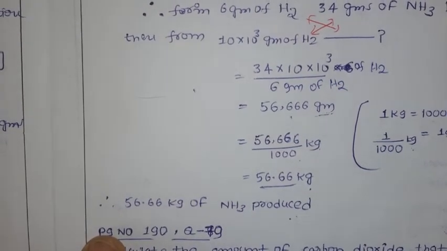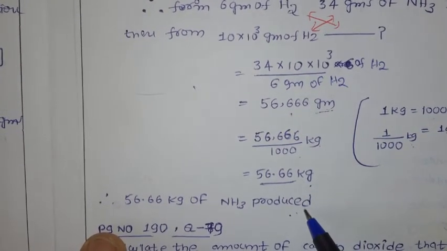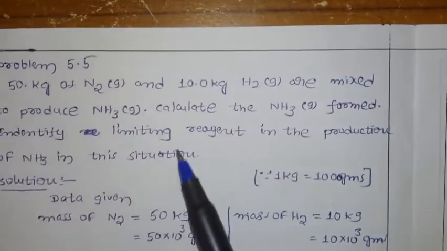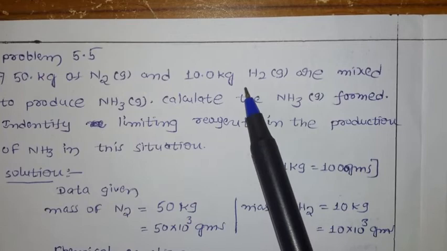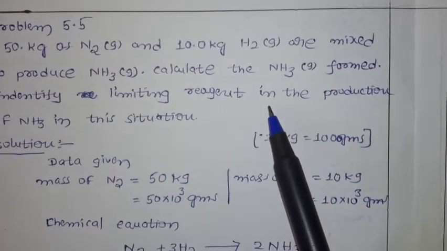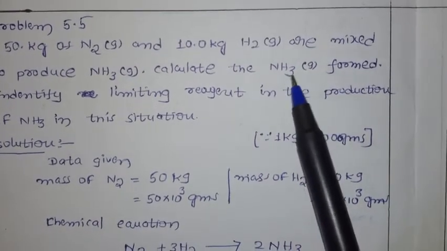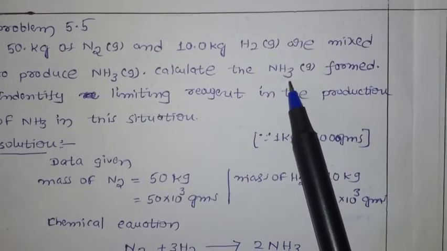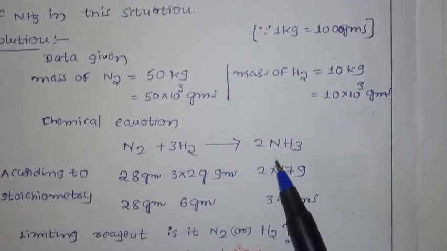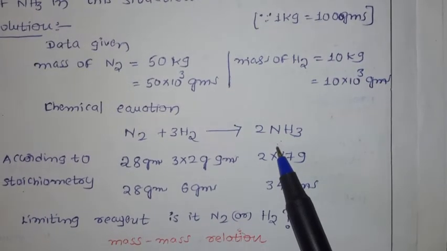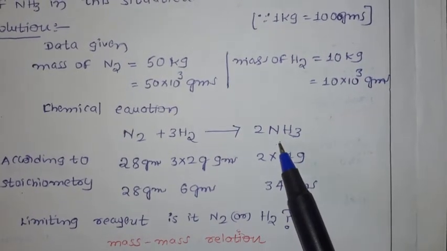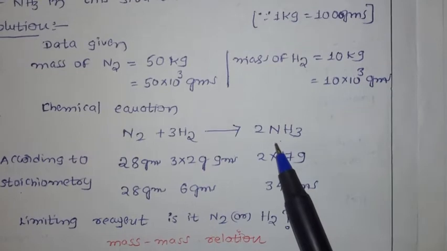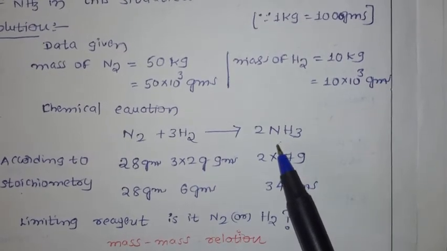So the limiting reagent is important. First we were given some amount of nitrogen and hydrogen, and they asked how much ammonia is going to be produced. To calculate the production of ammonia, first you have to identify the limiting reagent. For that, first go for the stoichiometric equation, that is the balanced chemical equation, written in the simplest whole number ratio.